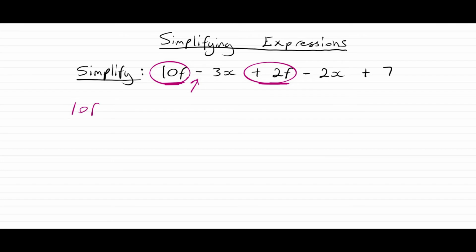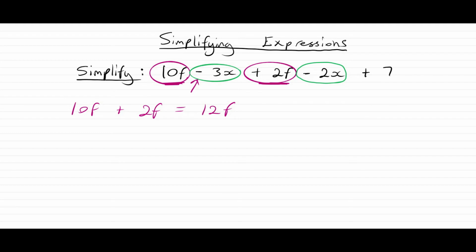So we have now 10f plus 2f, and that gives you 12f, okay? So that's for the f's. Now we're going to look at the x's. So we got a minus 3x here and a minus 2x here, okay?